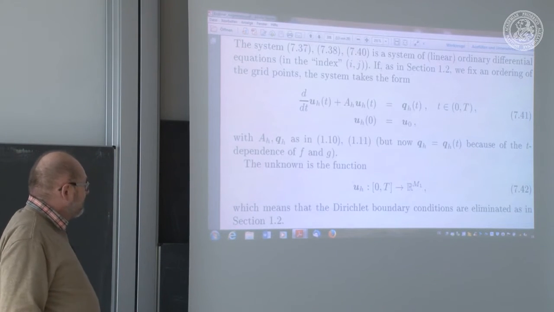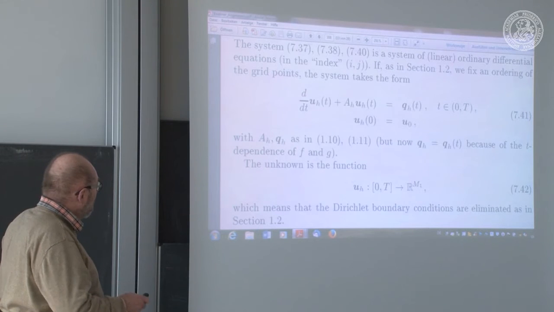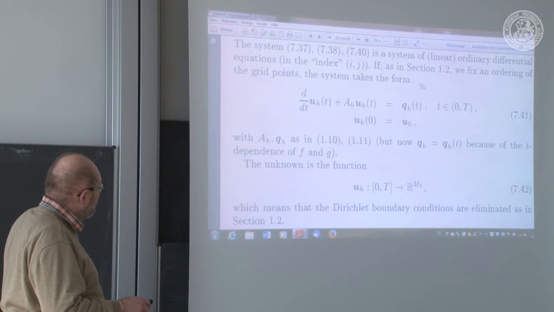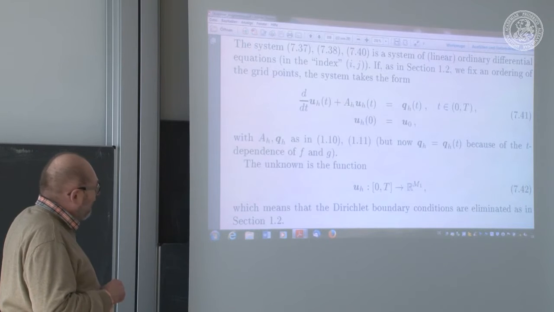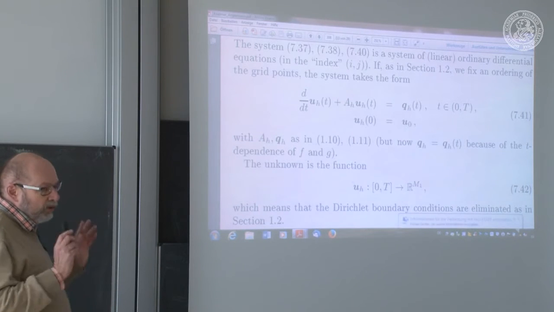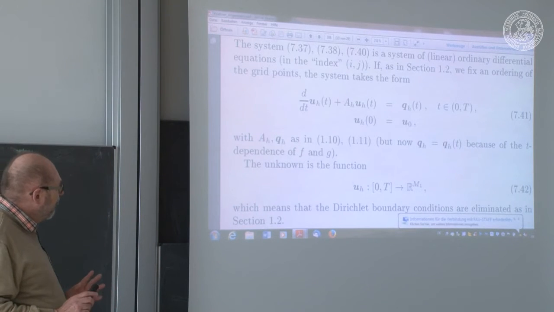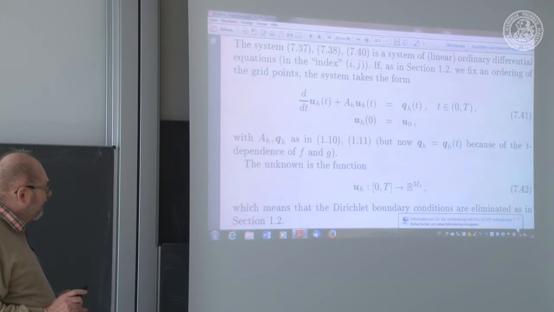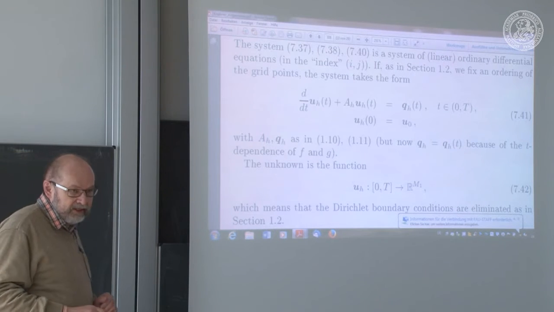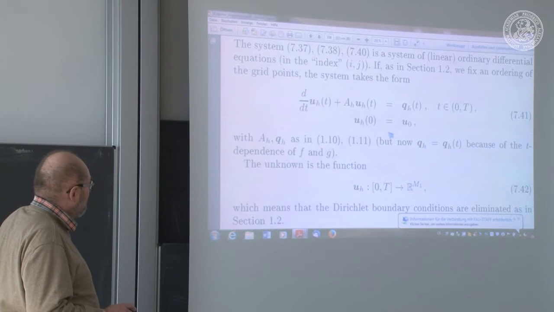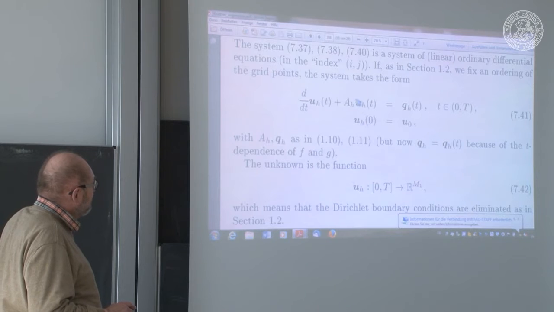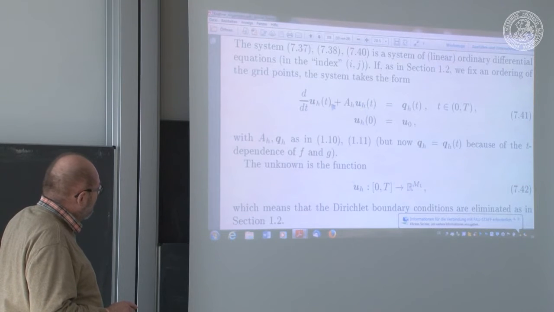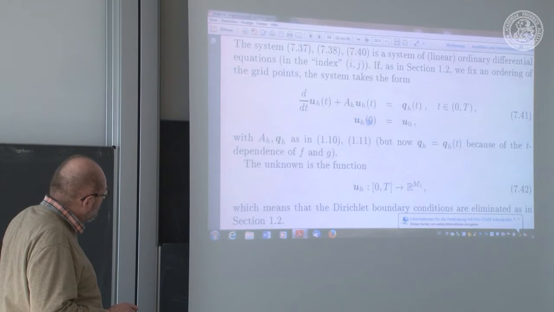which tells us that such an initial value problem for a system of ODEs has a unique solution, local in time, if the right-hand side is locally Lipschitz in the variable UH. For this consideration, we have to put, so to speak, this part to the right-hand side.